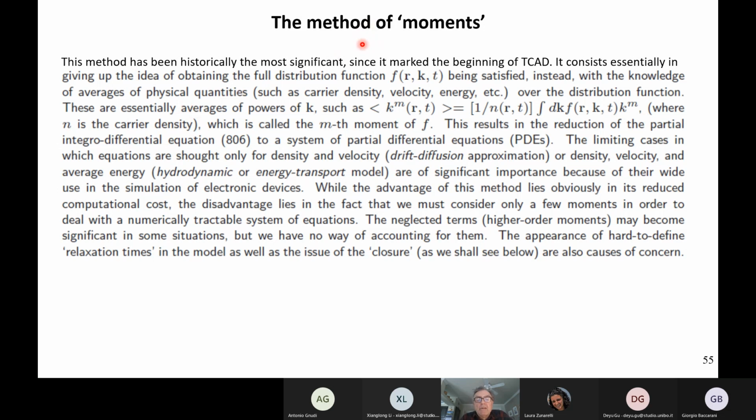The method of moments. I think that historically, to semiconductors, yes, I think is the first one. In order, as a solution of the Boltzmann equation, I think that the Monte Carlo came first, because the Monte Carlo was used during the war by the Manhattan Project for neutron transport.